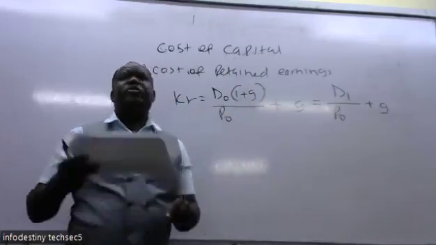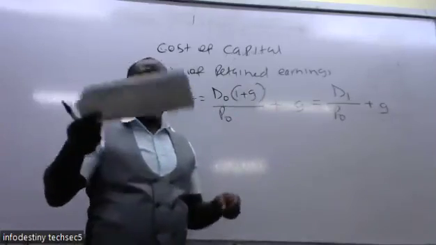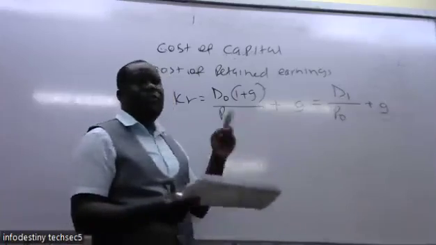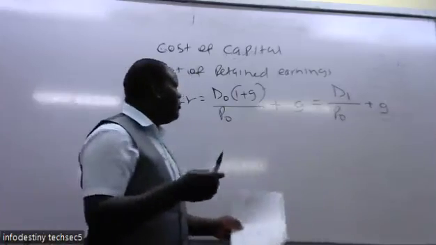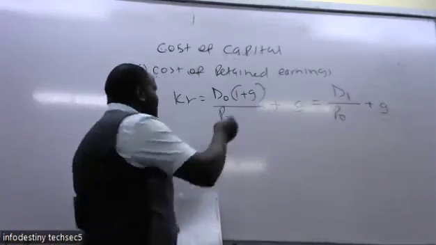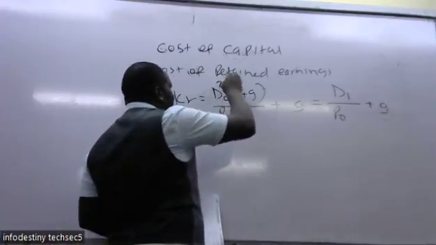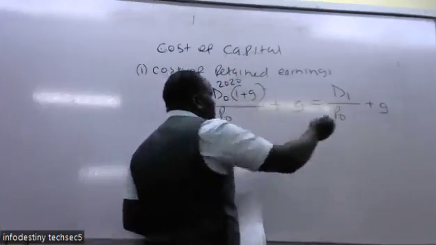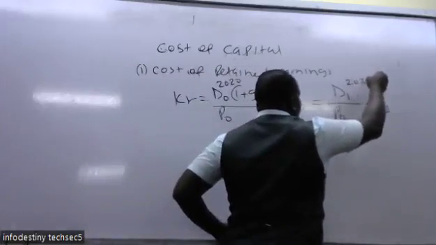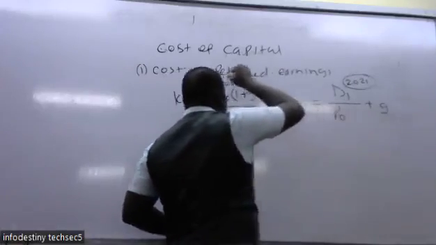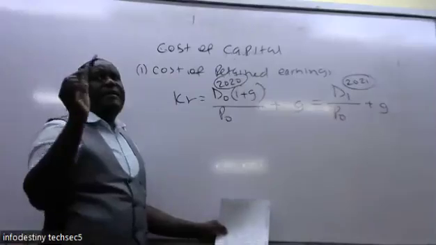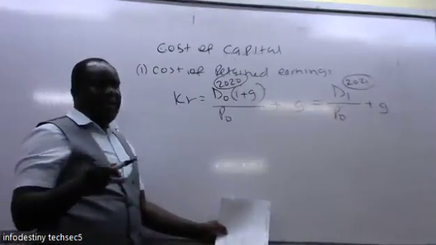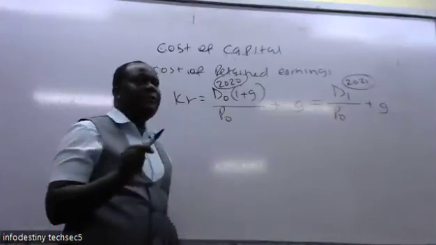D1 should be the next dividend to be paid, in the year 2021. So when calculating our KE, this will be your 2020, and that D1 is now 2021. You get to understand that our D0 is the last dividend that was paid, and D1 is the next dividend to be paid.